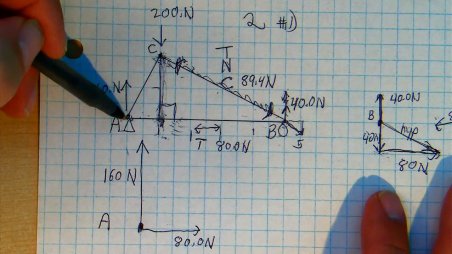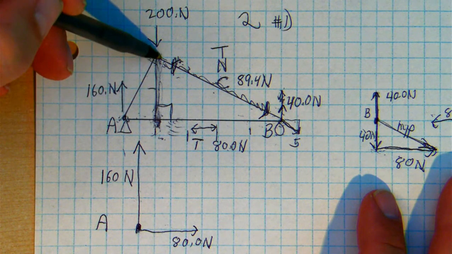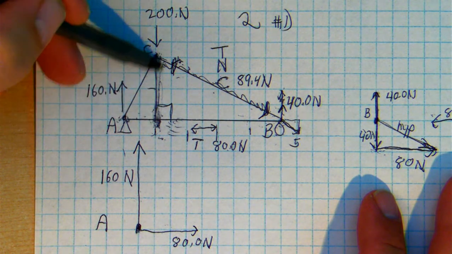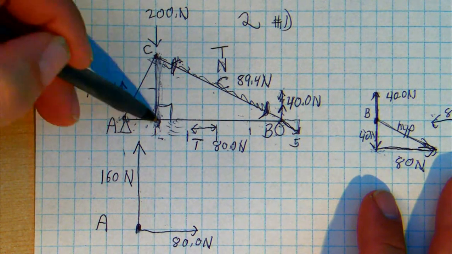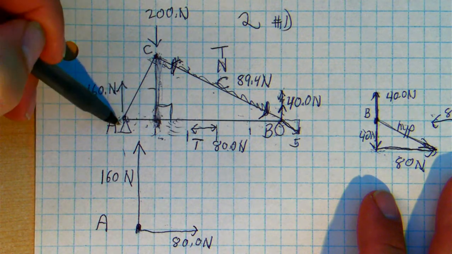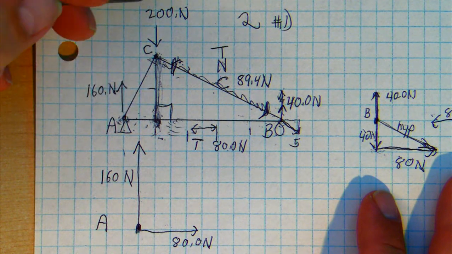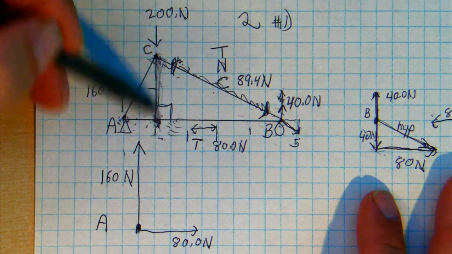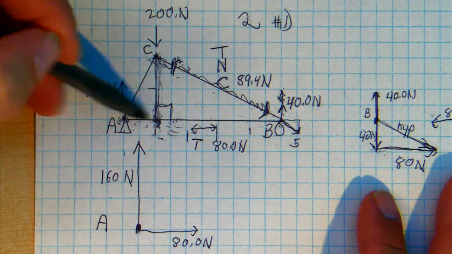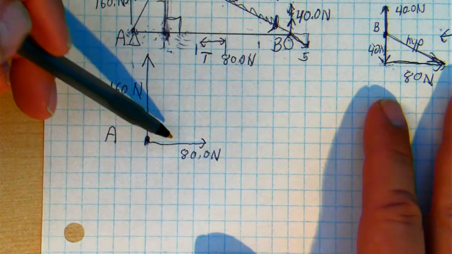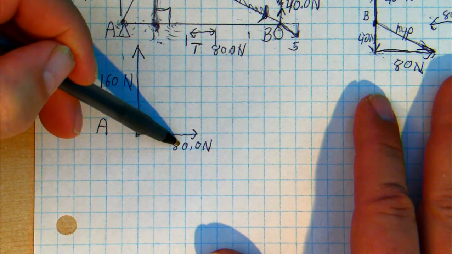Looking at its coordinates, we see it is 1 meter to the right and 2 meters above point A. The ratio of these two legs is 2 meters vertical for every 1 meter horizontal of change in position going from A to C. Therefore, the ratio of the forces is also 2 newtons of force vertical for every 1 newton of force horizontal, which is great because when I look at it, this is a ratio of 2 to 1.